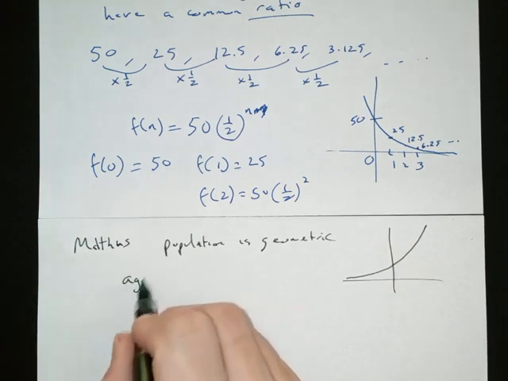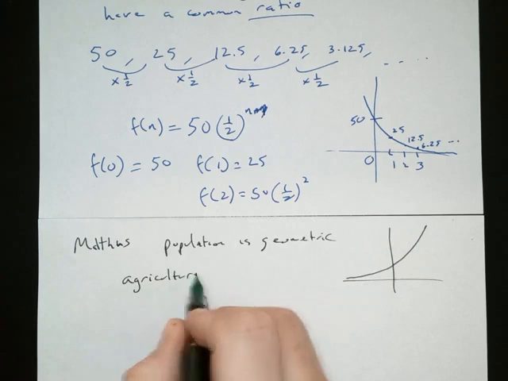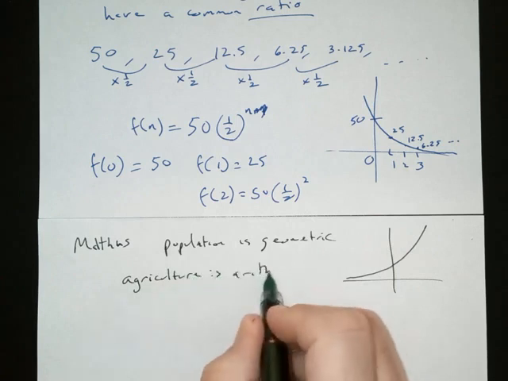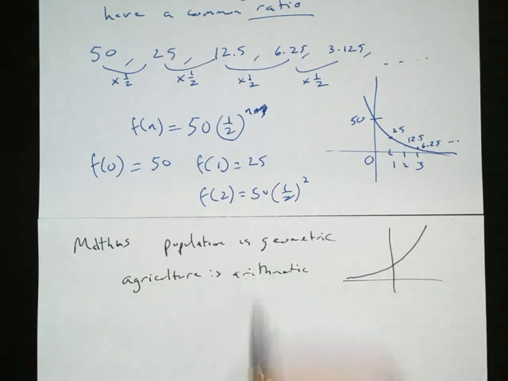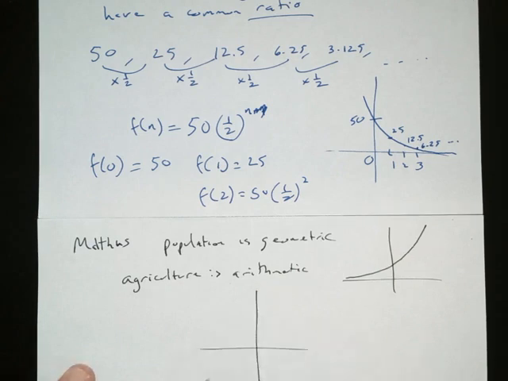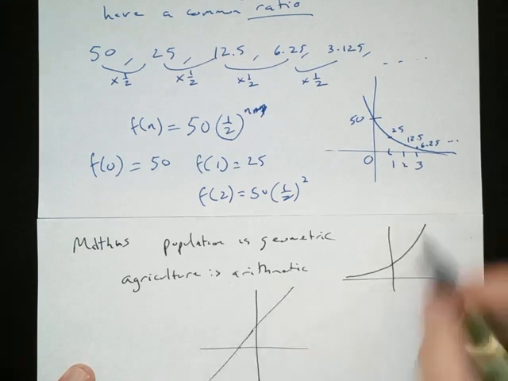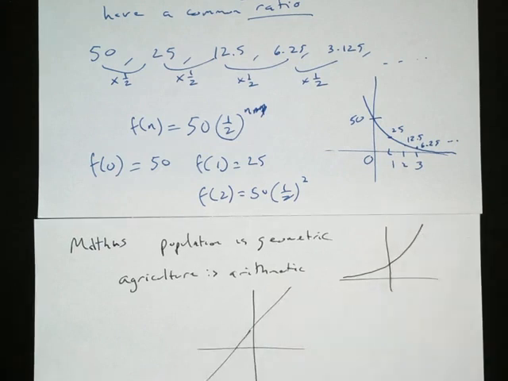But agriculture is arithmetic. And in the 1850s, Malthus predicted that no matter how fast we did our food growth, no line could ever keep up with this sort of a growth.